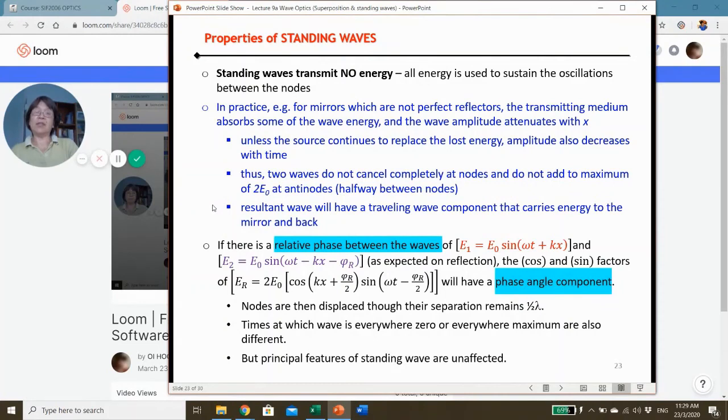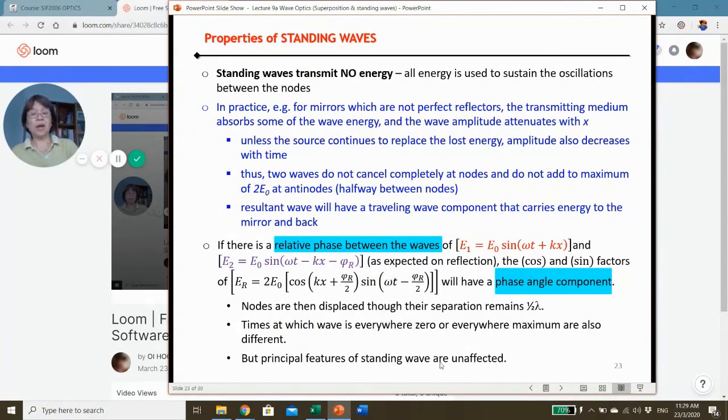If there is a relative phase between the waves, for example, we write this incoming wave and this reflected wave, then you'll find that the cosine and the sine factors in the resultant wave will have the relative phase included in them. So it will have a phase angle component, in other words. What would the scenario be like?